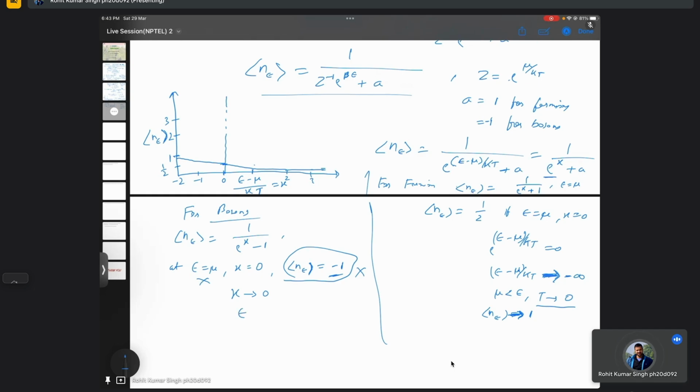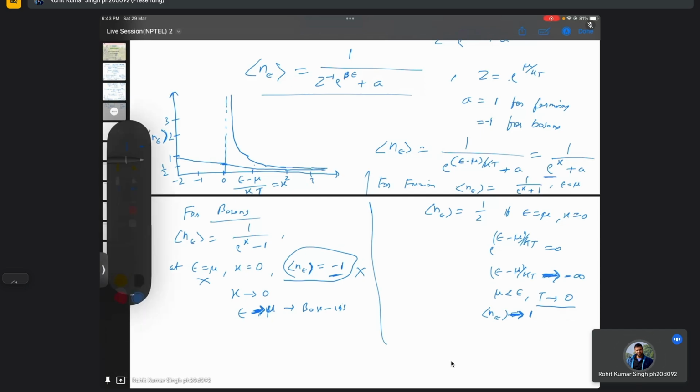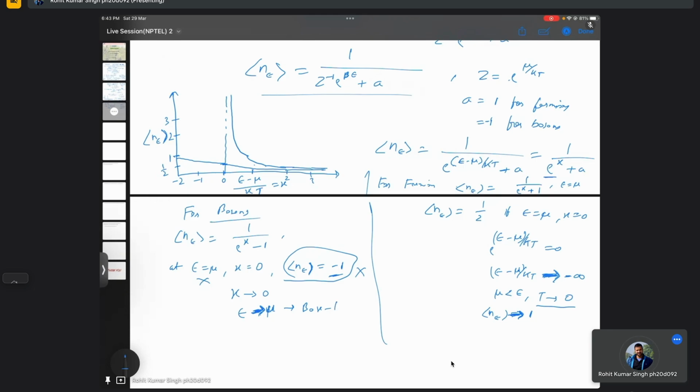And at E tending to mu you will have a shoot up like this. And this is what is called the Bose-Einstein condensation.